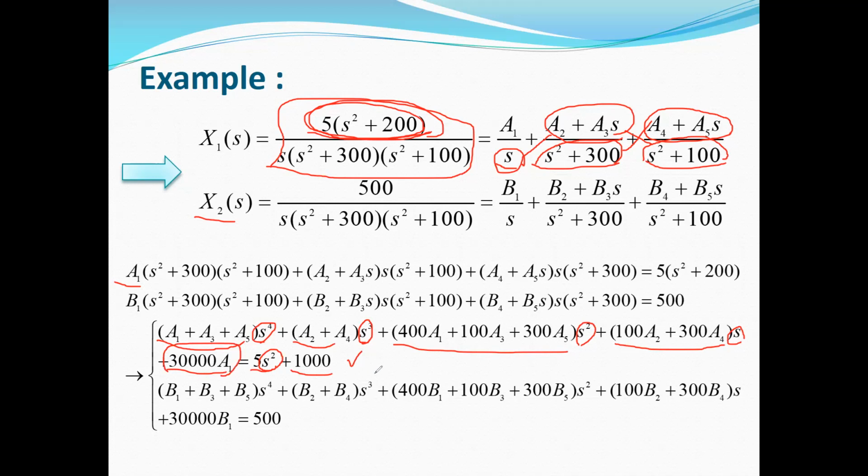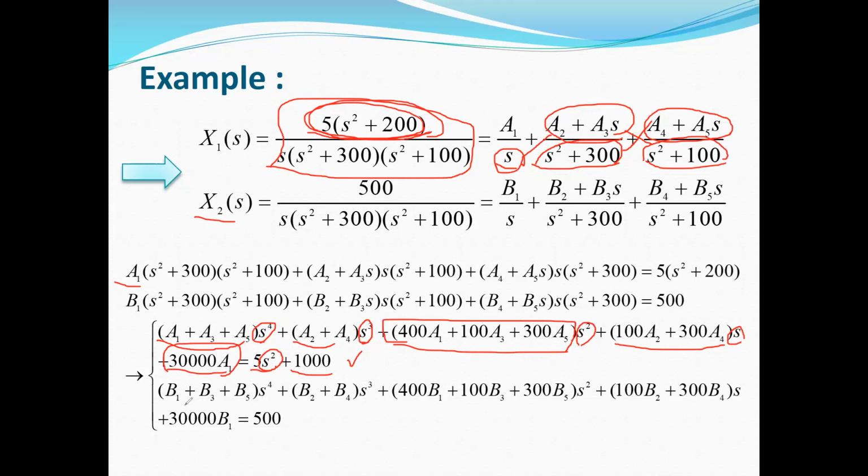So from here you can conclude that a1 is equal to 1000 divided by 30,000. The coefficient of s squared must be equal to 5, and other coefficients, as I told you, must be equal to 0. So we will have five equations. We can solve them for a1 to a5.